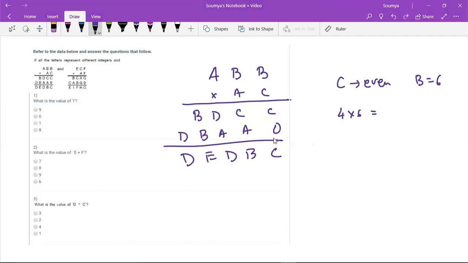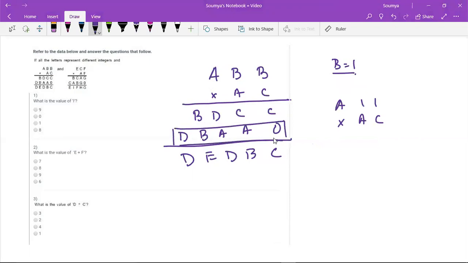So eliminating that possibility, we are left with only one possibility, that is B is equal to 1. And if B is equal to 1, then this multiplication is somewhat like this: A11 into AC is giving me something, right? Again, if you look at this particular row, see what is happening here.